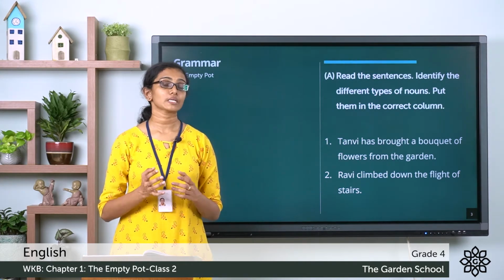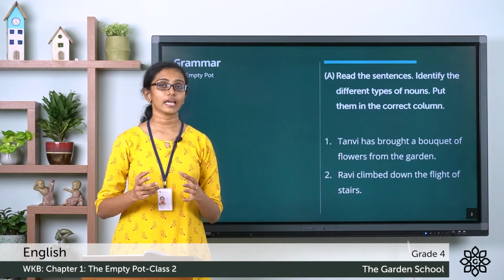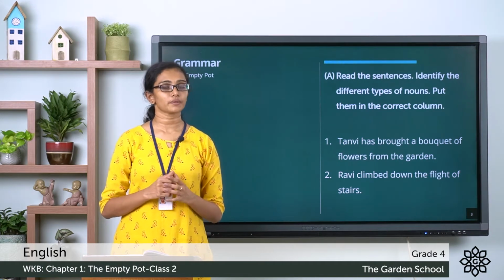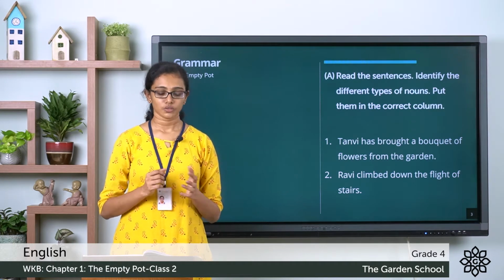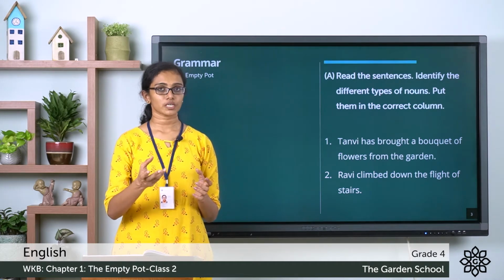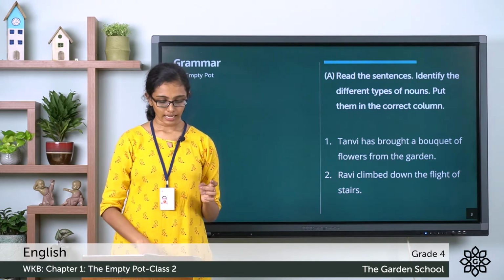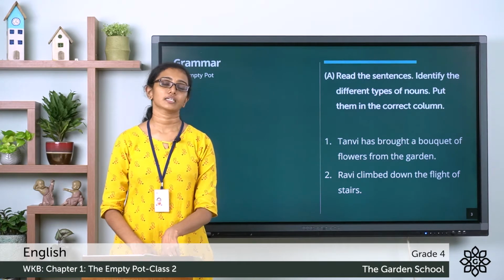Can you identify the proper noun in this sentence? Tanvi. It's a name. So names are examples of proper nouns. So the first question is already worked out in the textbook. So you can see the word Tanvi, which is a proper noun, is written in the column named proper. And in the same sentence, you can see the words flowers and garden.